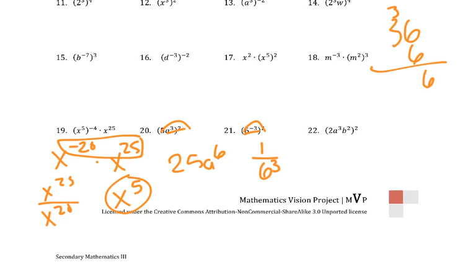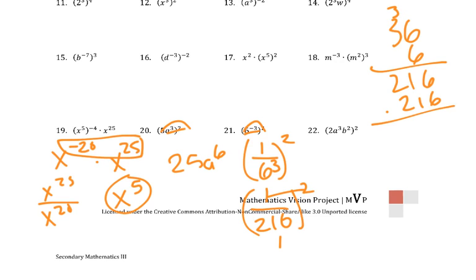6 times 3 is 18, 19, 20, 21, yeah. So it would be 1 over 216, but that's still squared. So 1 squared is 1. 216 times 216, I'm going to have to figure that one out. Calculator would have been very nice right here.